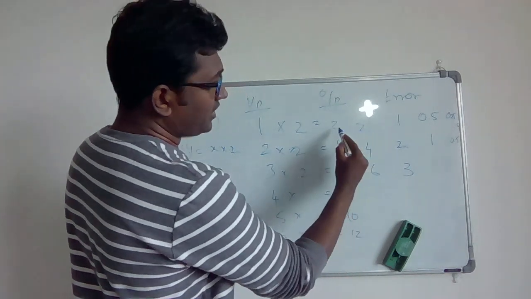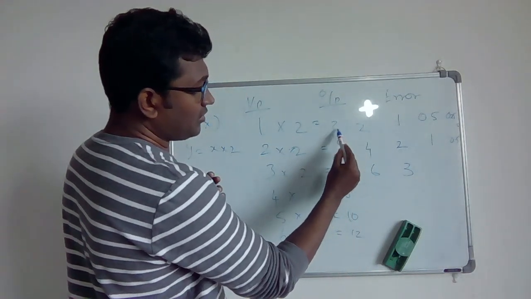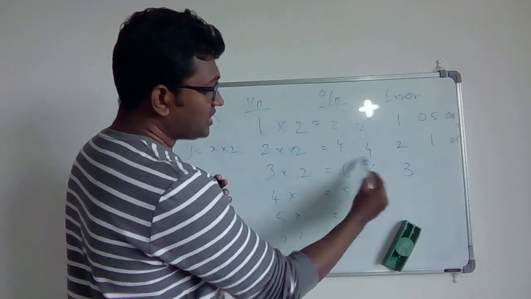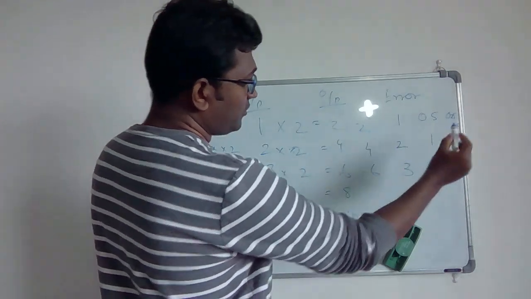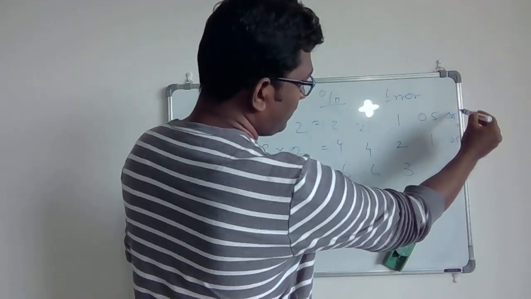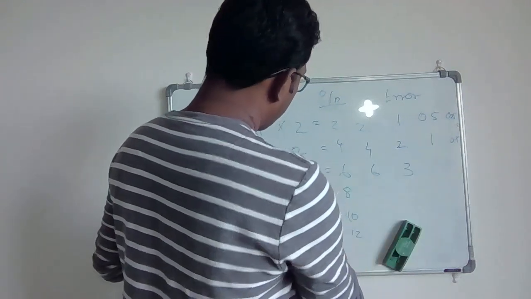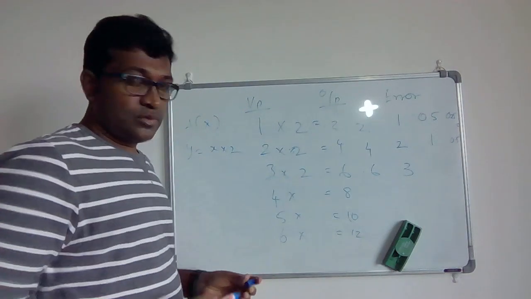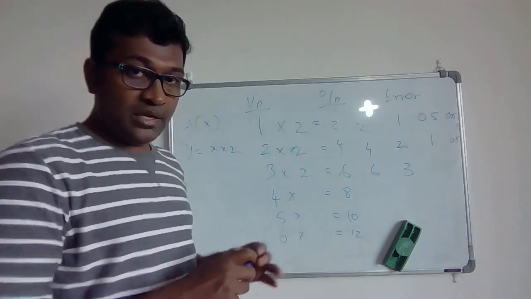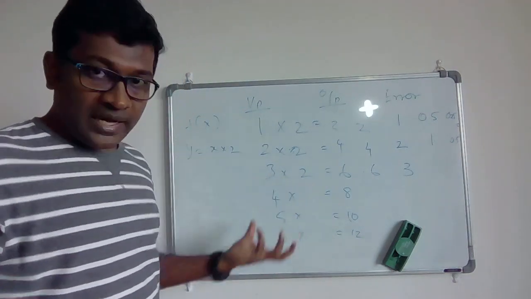If you find the difference between the expected output and the predicted output, 2 minus 2 is 0. So we have reduced the error from 1 to 0.5 to 0.25 to 0. Similarly, the second example also gives 0. You can stop there.